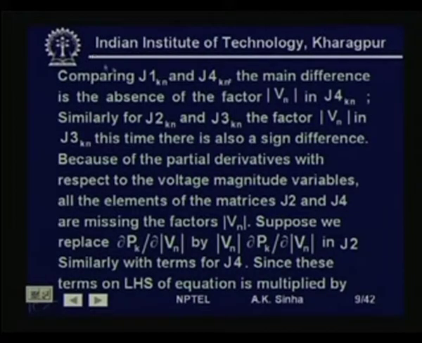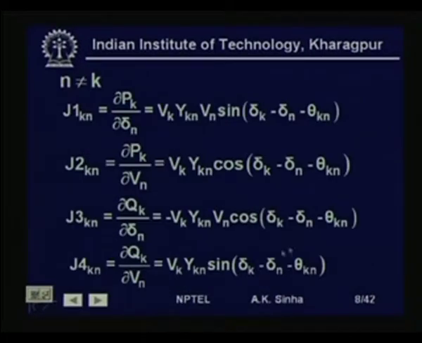Now, comparing the terms for J1 kn and J4 kn, the main difference is the absence of the factor Vn, that is, the magnitude of voltage at the nth bus, in J4 kn. J4 kn and J1 kn are very similar, except that this Vn term is not present.